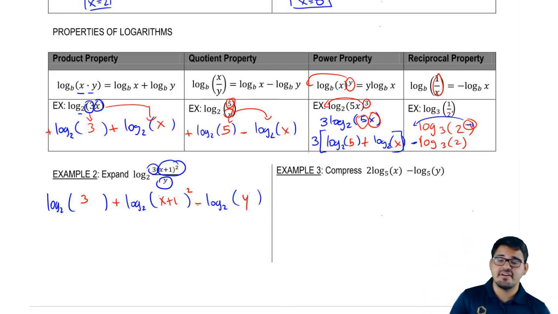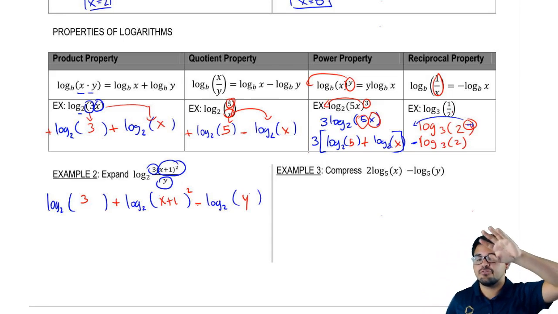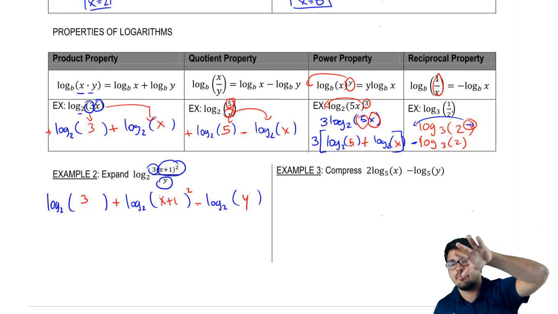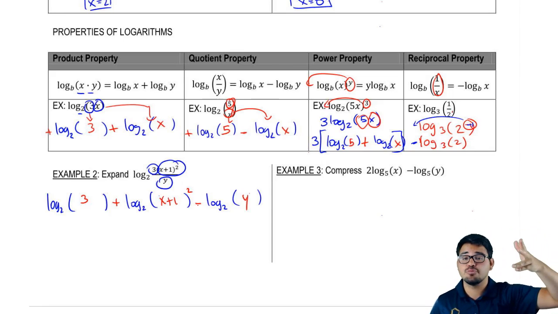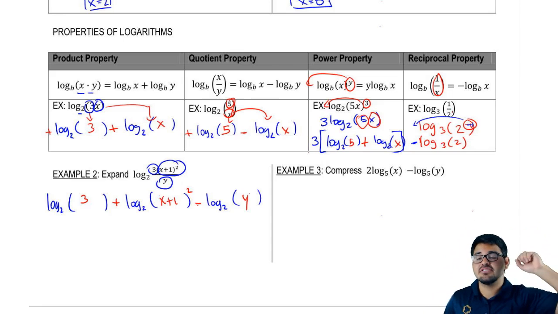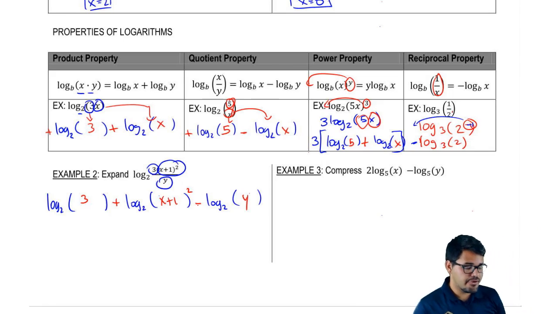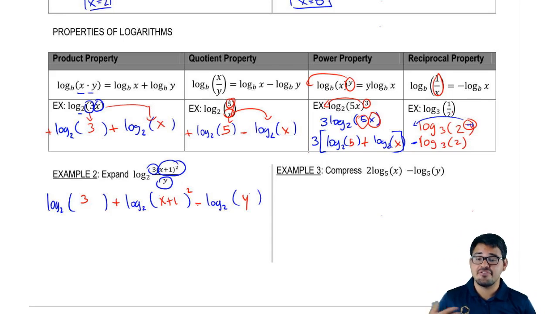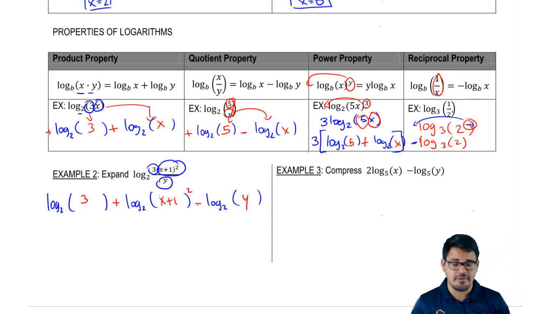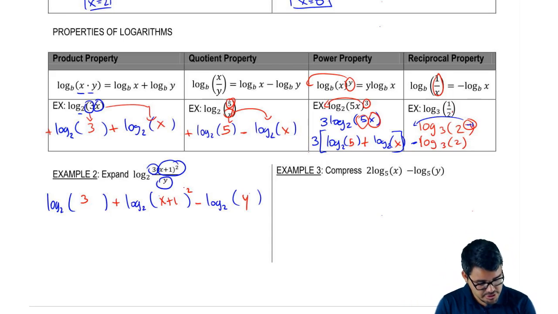So now that we have identified its signs, we have gone through, technically within the first 2 properties, the product property and quotient property, where they're multiplying or they're dividing. Now let's check the third property, which is the power rule. So now we're going to check for powers, and if there are any powers, we're going to bring them down.